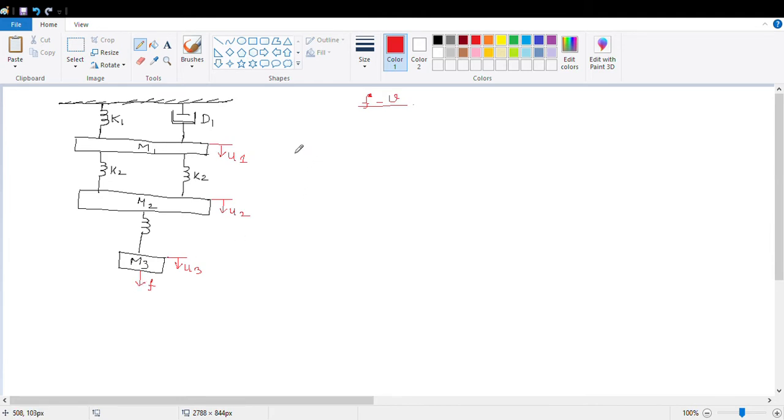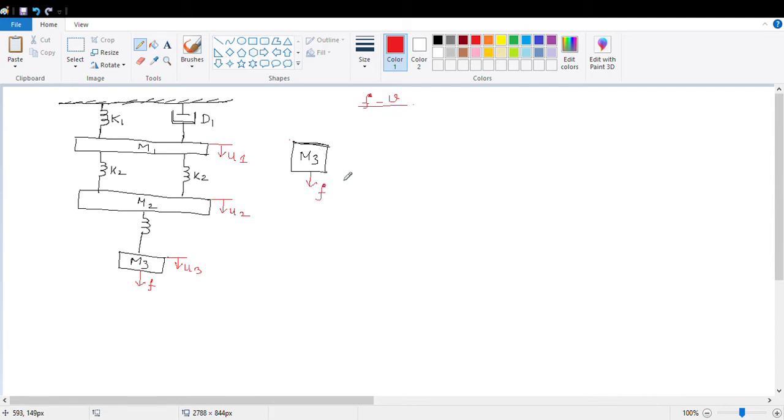Okay, so if I draw the mass 3, what is there? There is a force which is pulling it in the downward direction. So I have this force.